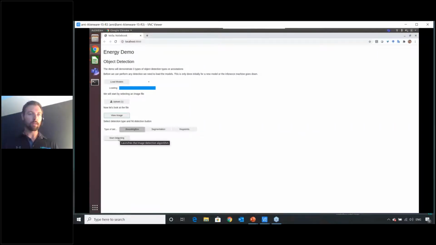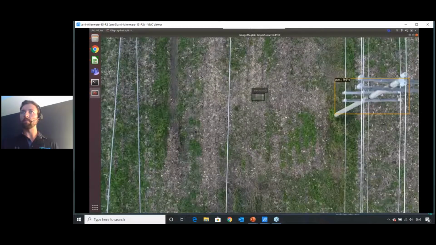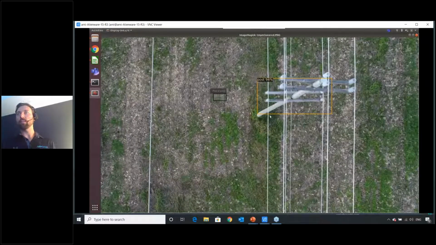And then let's start detecting. So here we're using the key point detection, and we can see that it captures the post.